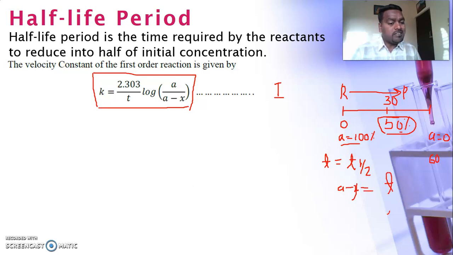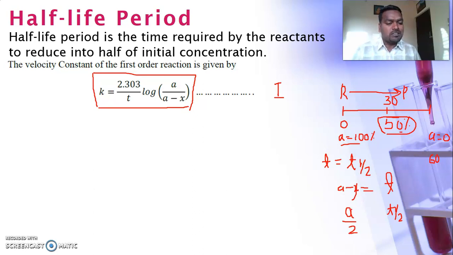But what is the concentration of the reactant at half-life, exactly at t half? The definition says the concentration of the reactant is nothing but a by 2, half of its original value.